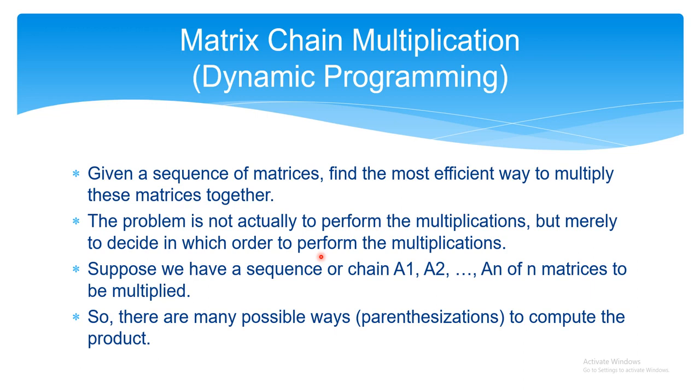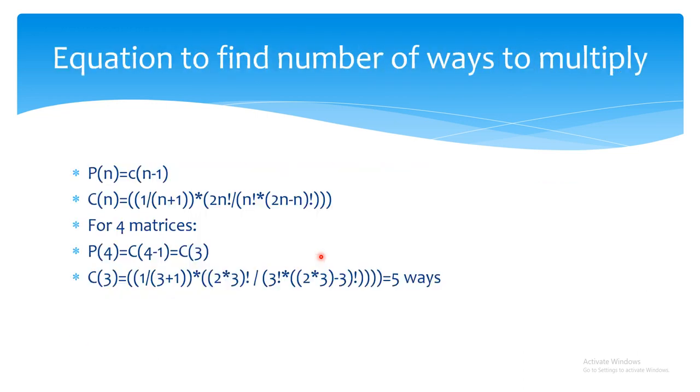Now I will argue, does the sequence really matter, and will I have a larger number of scalar multiplications for some sequences? To prove that, let us take an example.